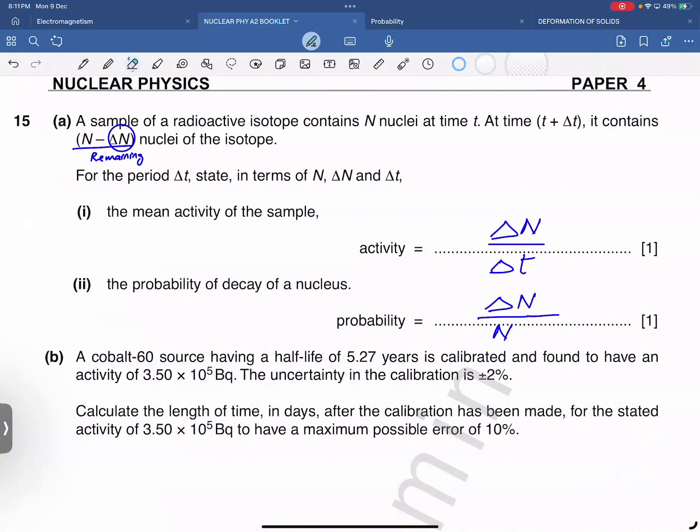I thought it's just probability of decay. Probability of decay per unit time is the decay constant, lambda. They didn't ask you lambda. Probability per unit time is lambda, which is called the decay constant. That's it.